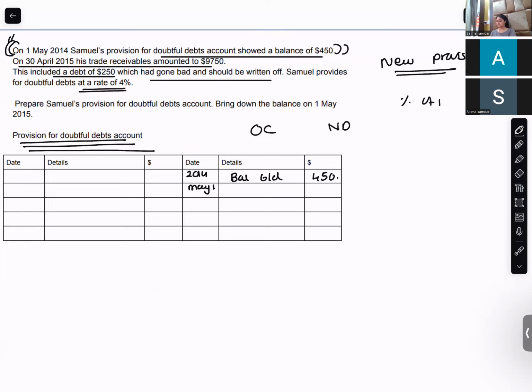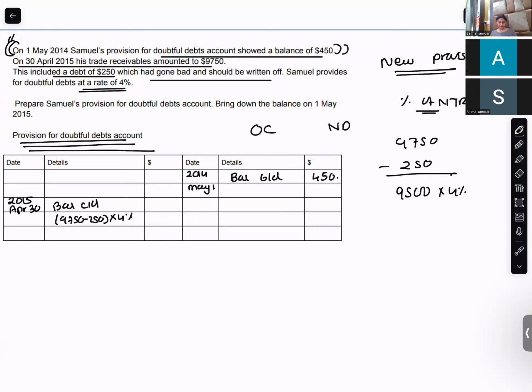So 9750 minus 250 into 4%, so 4% of 9,500. So this is the new provision, 380, on the debit side.